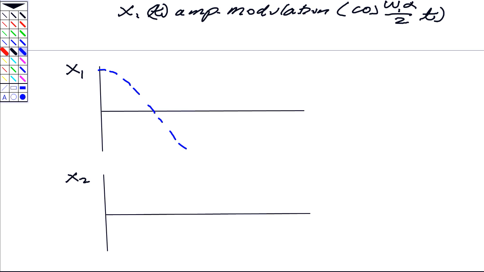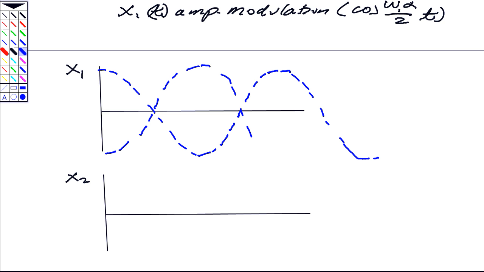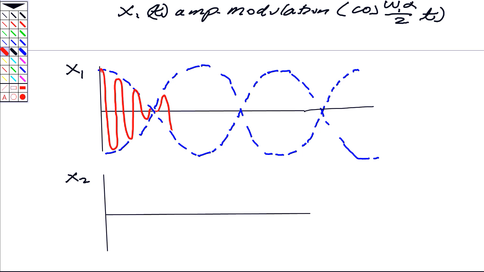The cosine looks like this. And so the frequency in psi, which goes as omega 1, is a lot higher in frequency. So it looks like this.